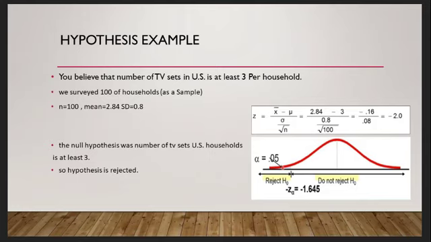Step 3. Where is the rejection region? If this is a normal distribution, here we have a mean. How far is it from the actual alpha point?